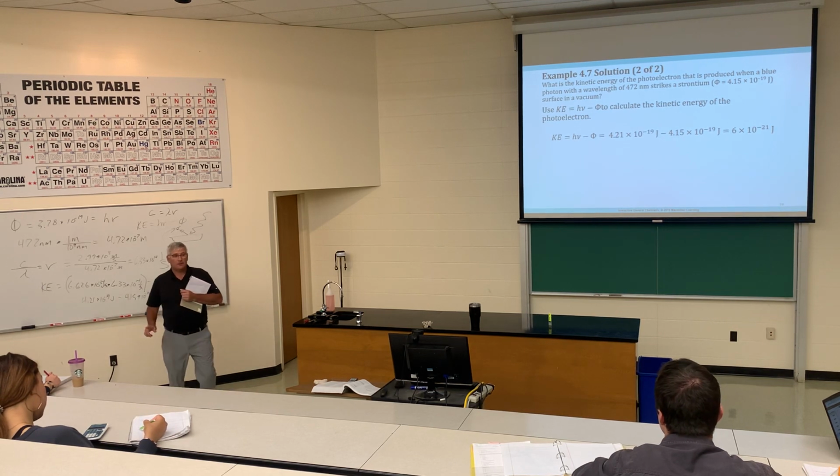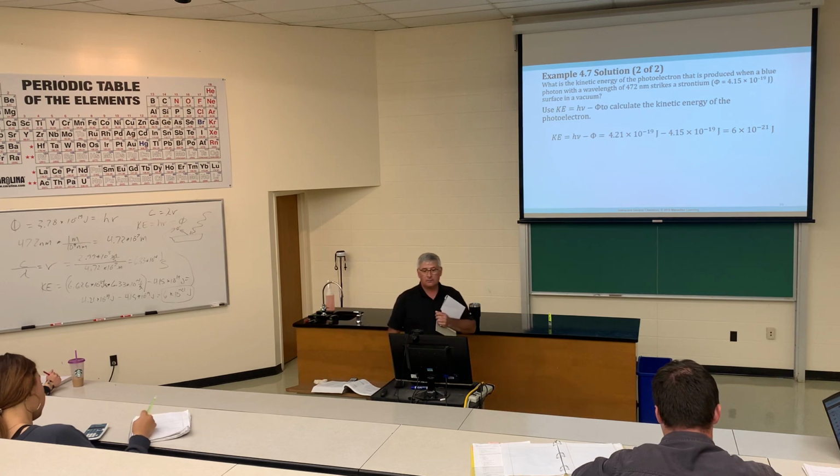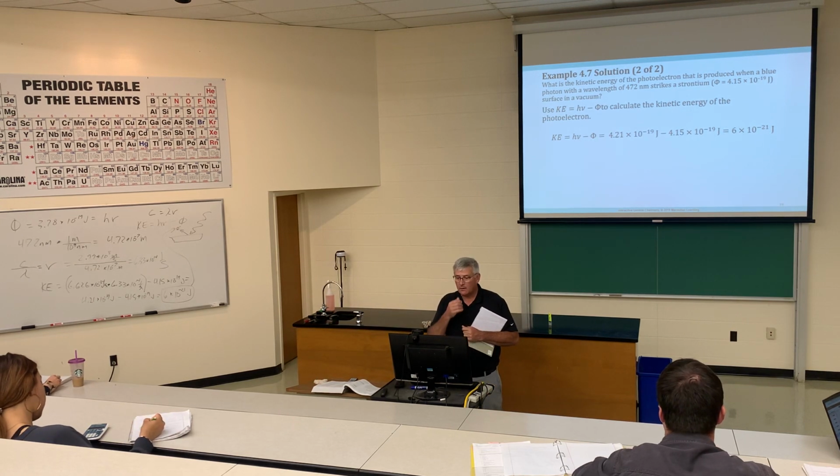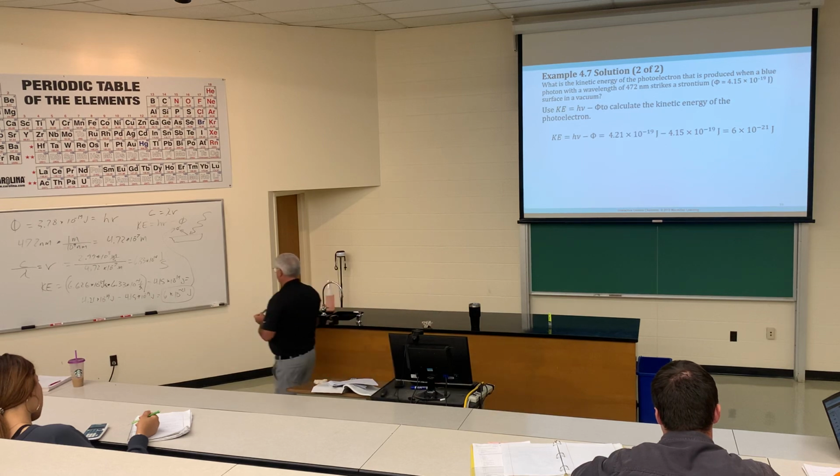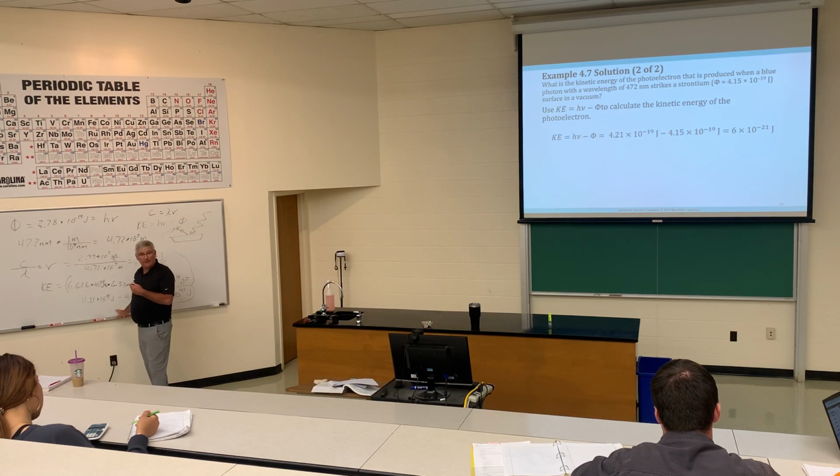I have a question. I'm not sure where I went wrong, but I'm getting a different answer. Me too, I have the same calculation, I just keep it in negative 4.15 times 10 to the 19. So it's a subtraction. What is 4.21 minus 4.15? 0.06, right?